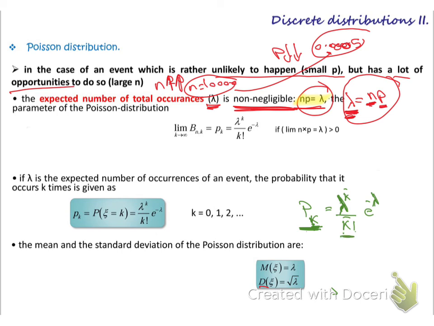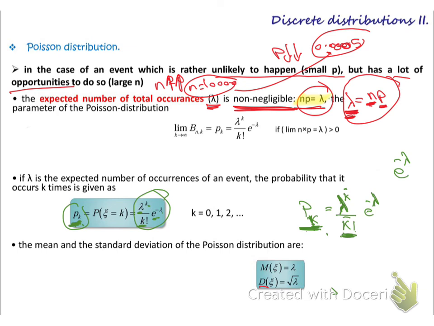So one time k goes as a power of lambda, and the other time k goes as the denominator, k factorial, and then times e to the power minus lambda. This is the law I want you to memorize: P(k) equals lambda^k divided by k factorial times e^(-lambda).